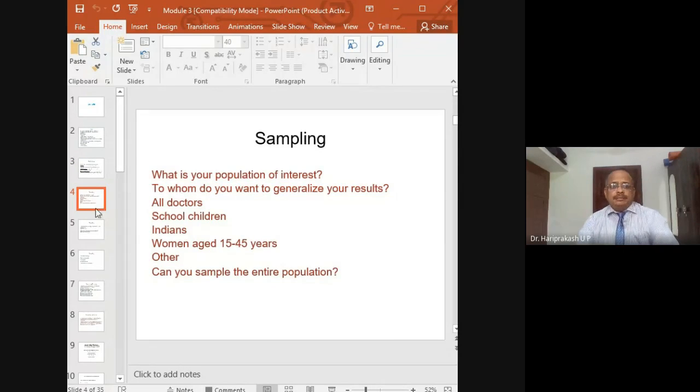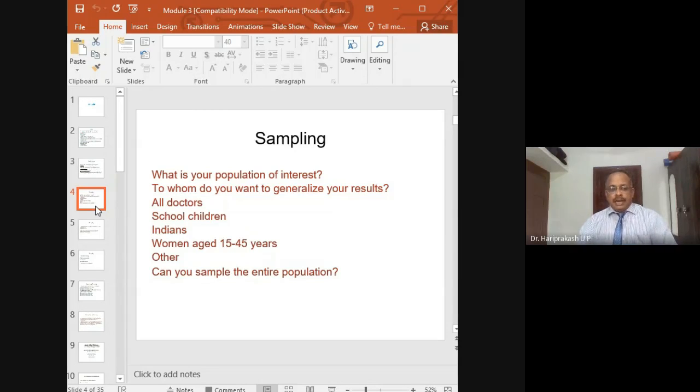So while doing sampling, you should be clear with these questions in your mind. What is your population of interest? Without knowing what the population for your study is, you cannot go with the sampling. The very first stage in sampling is trying to understand which is your population, right?